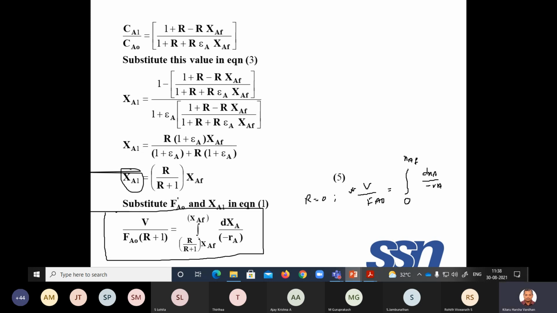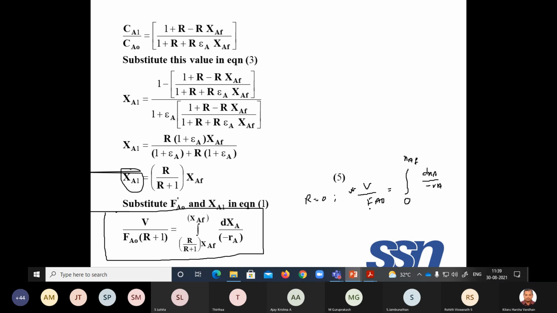Now, what I'm going to tell will test your mathematical ability. What should be my next question? This equation, when R tends to 0, you are getting a perfect plug flow equation.